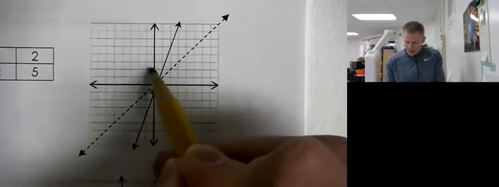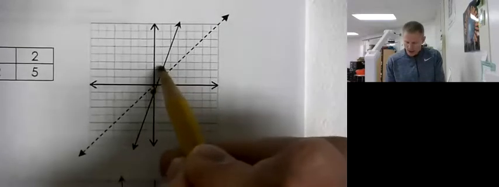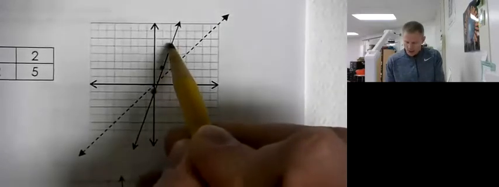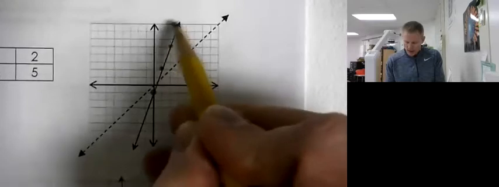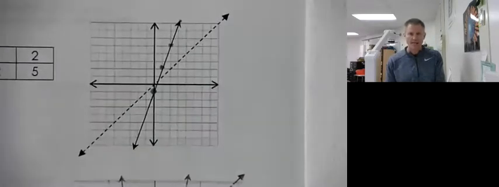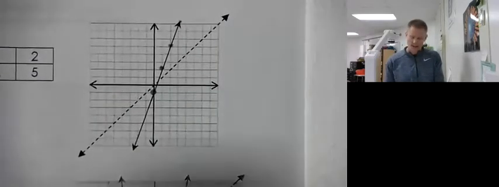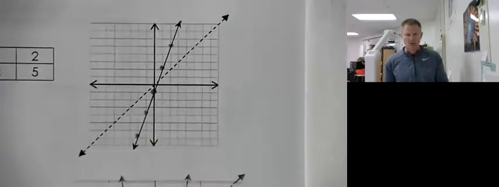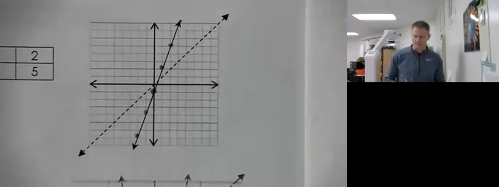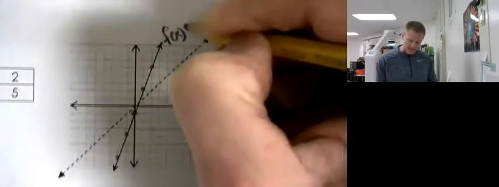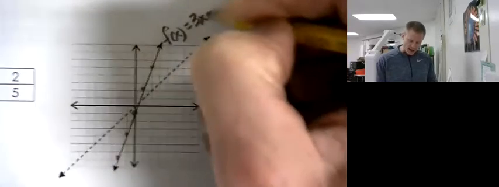That's rising up 3 and going over 1, rising up 3 and going over 1. So that's where this graph has been created. Down 3, backwards 1, down 3, backwards 1. So there is your equation. We would call this f of x, and that is 3x minus 1.